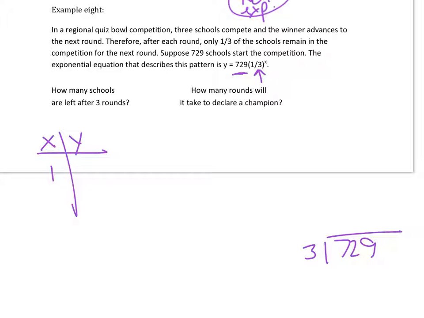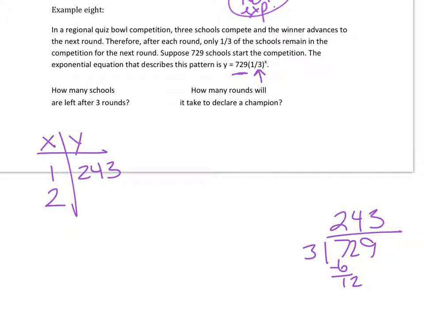So when you take 1/3 of 729, you're dividing. So after the first round, now you only have 243 schools left.